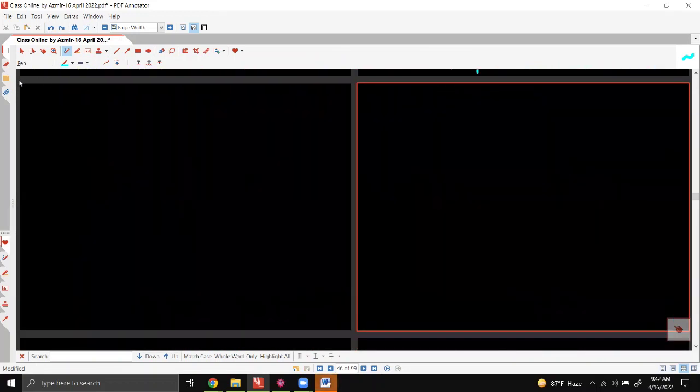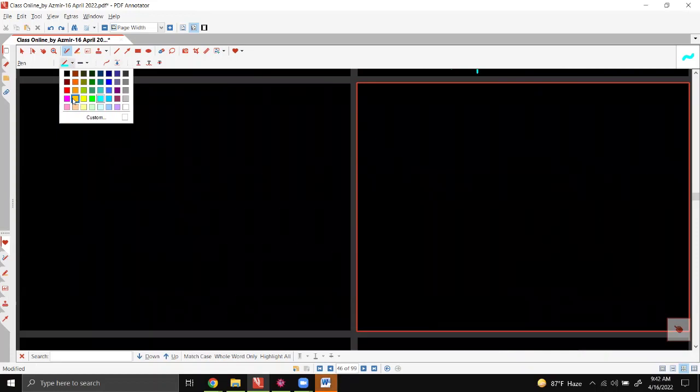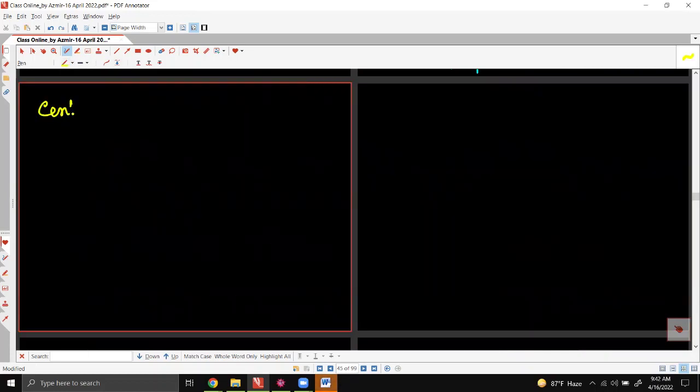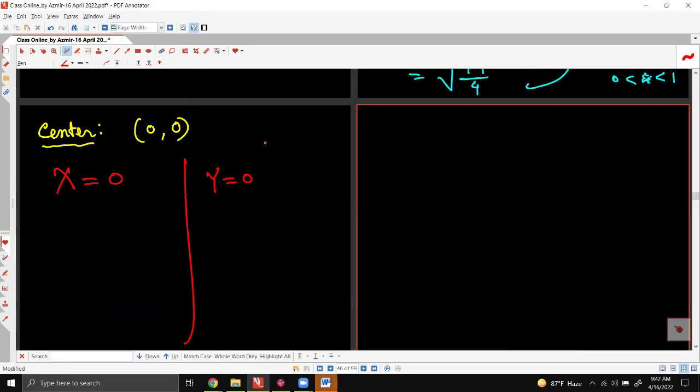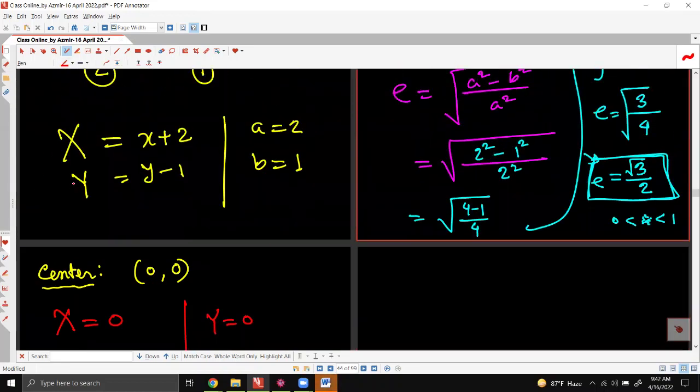So now let us find all the information. First, center. So center is the origin, 0, 0. That means X equals 0, Y equals 0. So from this capital X and capital Y, we have to find small x and small y values.